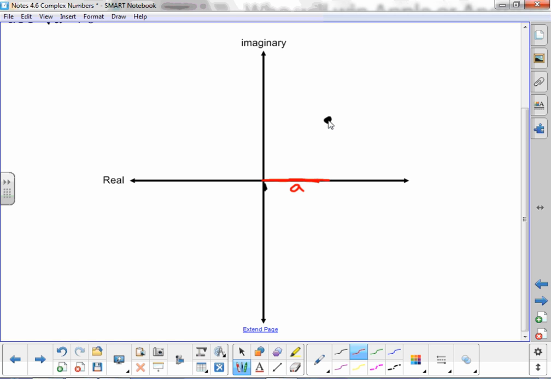Now, we don't know how far up and down we went either. Up and down movement is your imaginary part, so let's call that B. B can be a 17. I don't really care. Now, we've got to find the distance from this point to 0, which is over here. So we're actually trying to find this green side right here. That's what it's actually asking for when you're finding absolute values.